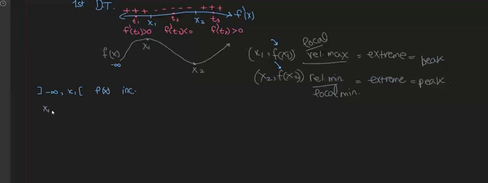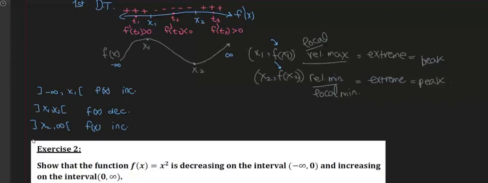Then from x1 to x2, again open bracket, the f of x is decreasing. And then from x2 to infinity, because we don't know till where, we will say till infinity, the f of x is increasing. So now we are able to discuss the whole behavior of the function.